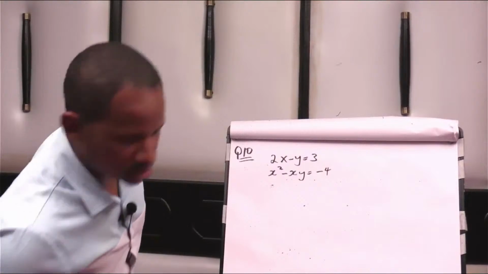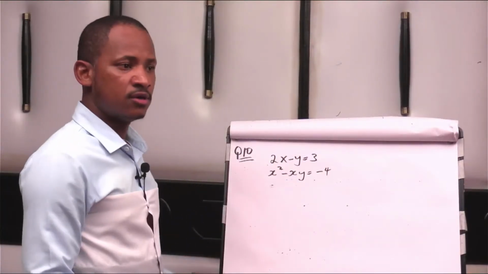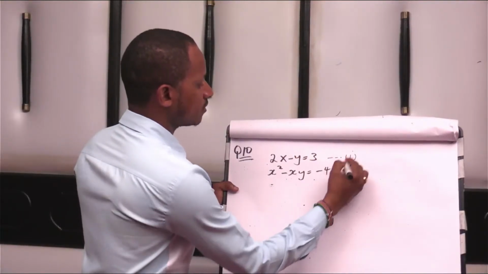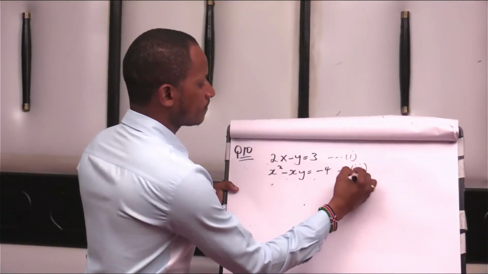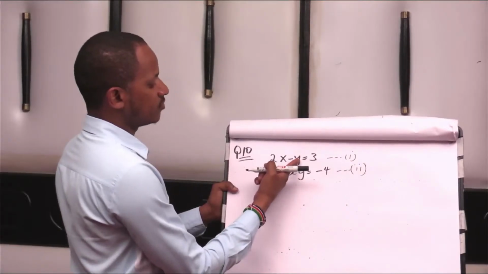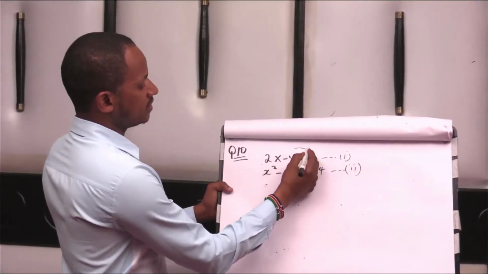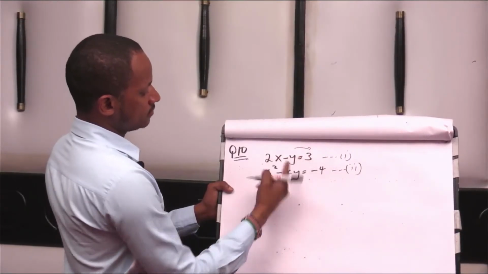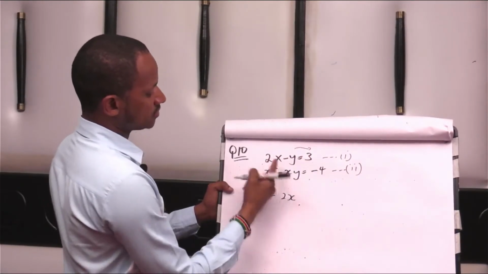Simultaneous equations you can solve either by elimination or by substitution. So let's substitute. This is equation 1, equation 2. Let's make y the subject of the formula here. When y crosses this side, y equals 2x, then 3 crosses the other side, becomes minus 3.